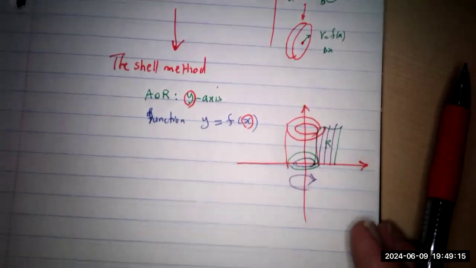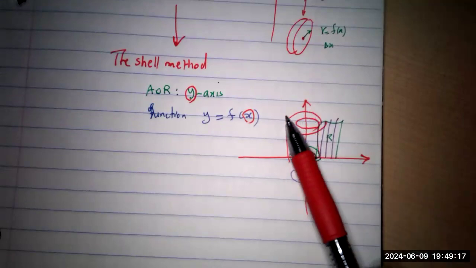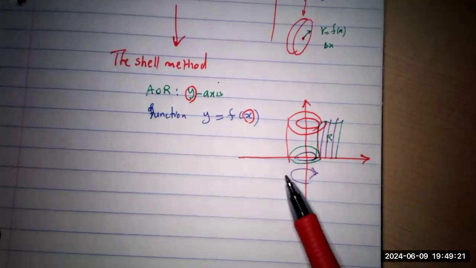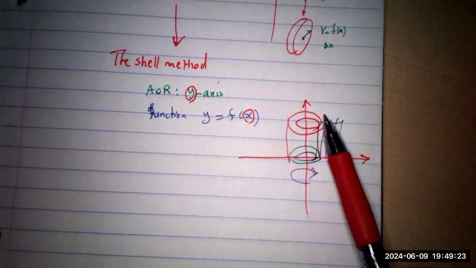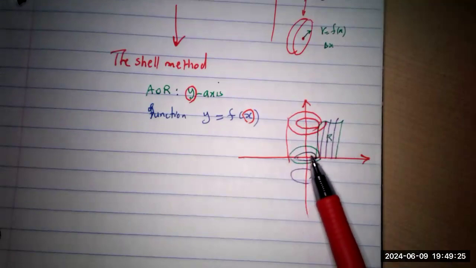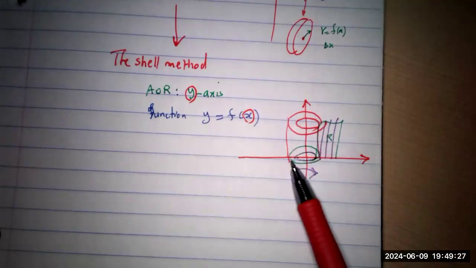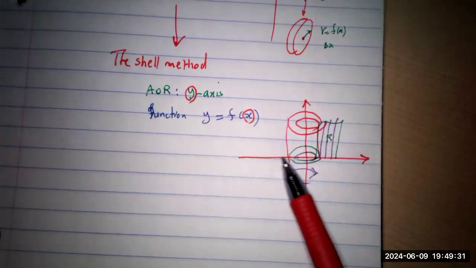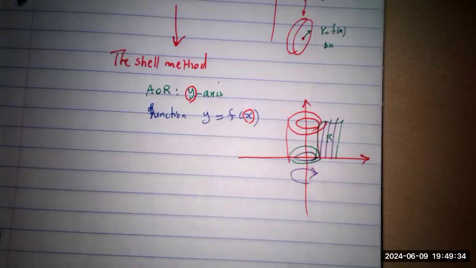We have to do the same thing here. You have to find the volume of this cylindrical shell first, find the formula for the volume of one cylindrical shell, and then add them together to get the answer.